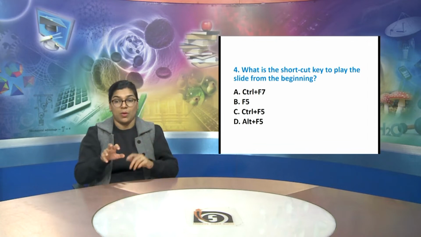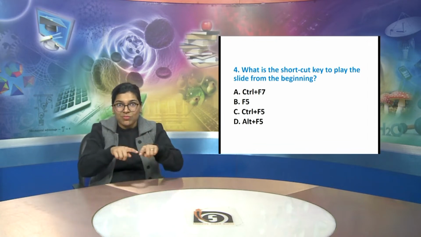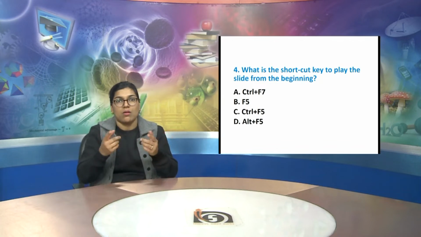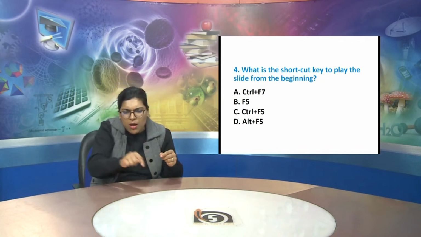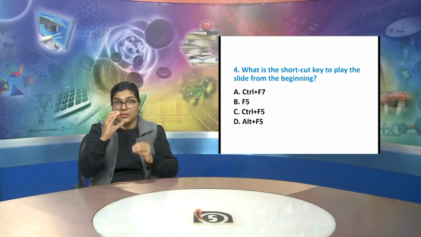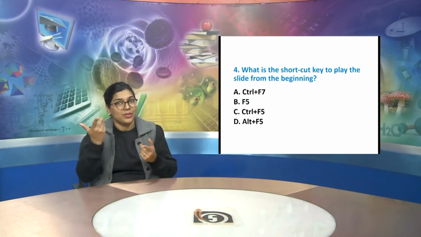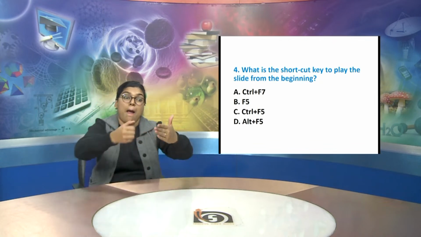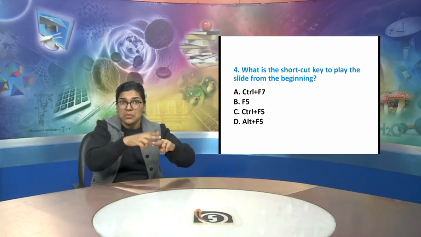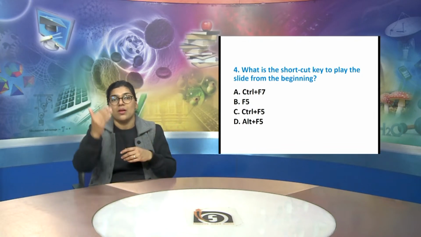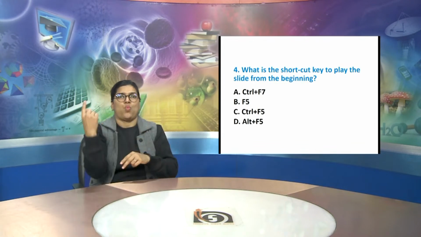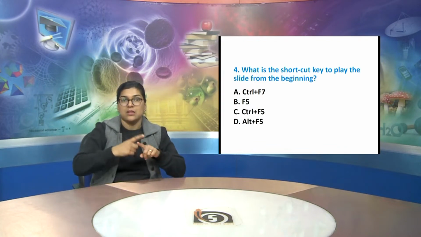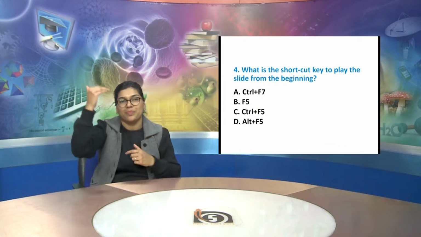Question 4. What is the shortcut key to play the slide from the beginning? We need to understand and we need to know the shortcut keys. There are 4 options. Option A, Control plus F7. Option B, F5 only. Option C, Control plus F5.